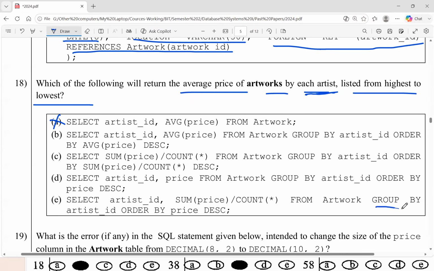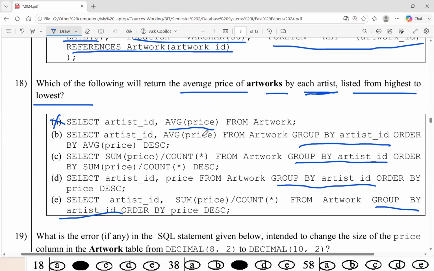So here we have the group by artist ID, group by artist ID. Okay. Then listed from highest to lowest. We are calculating the average price, right?